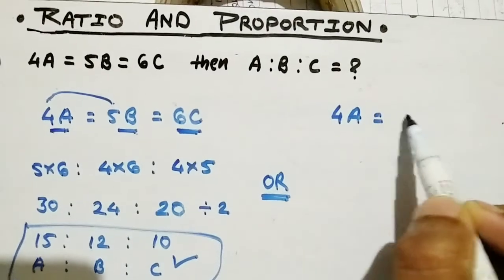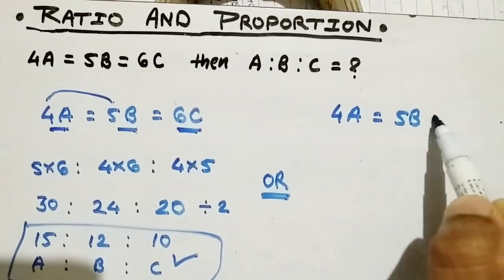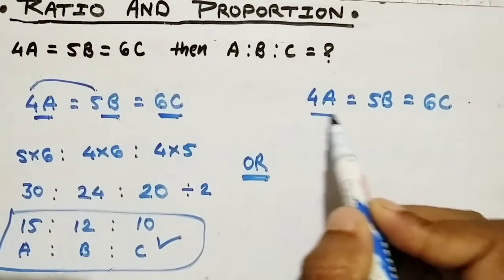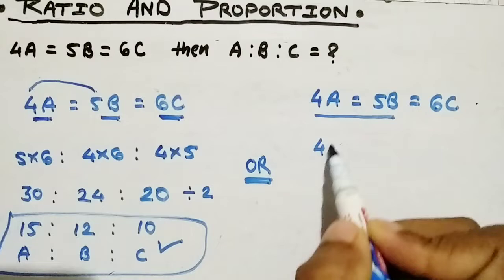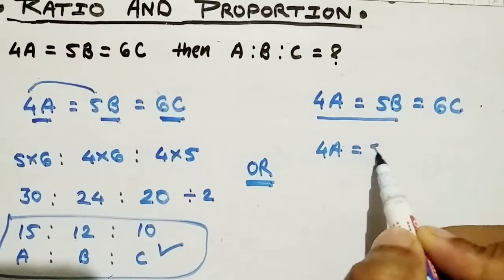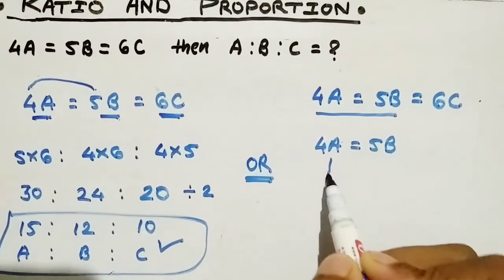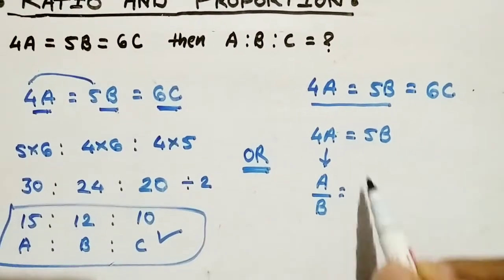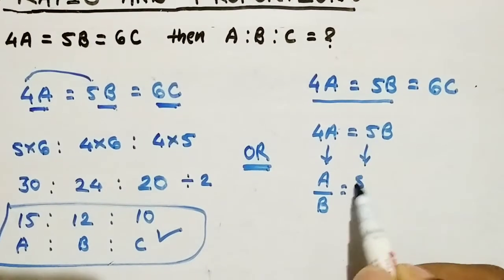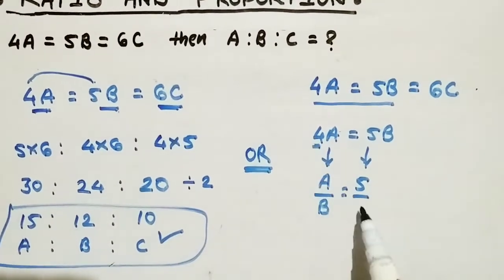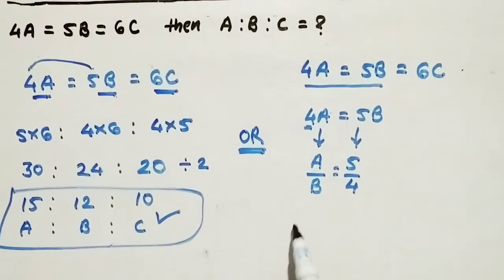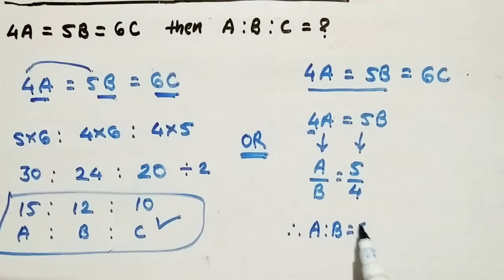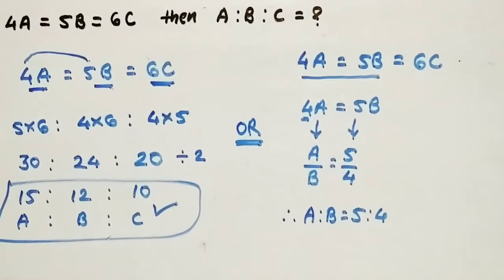So 4a is equal to 5b is equal to 6c. First compare two terms. So that is 4a and 5b. So a as it is, b in the denominator, and 5 as it is, and 4 moves to the right side, then in the denominator. So a is to b, that is 5 is to 4.